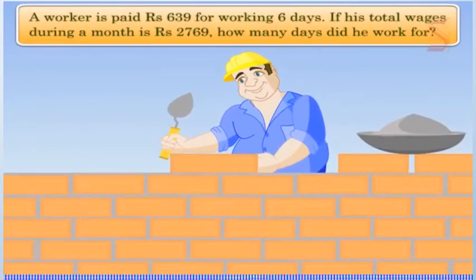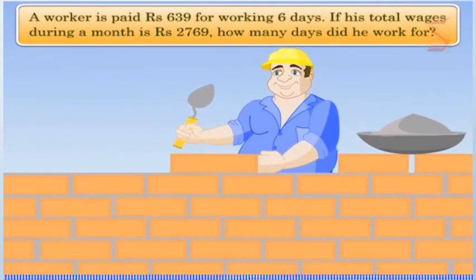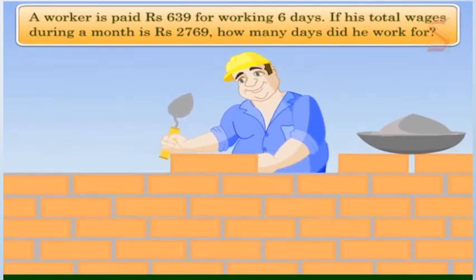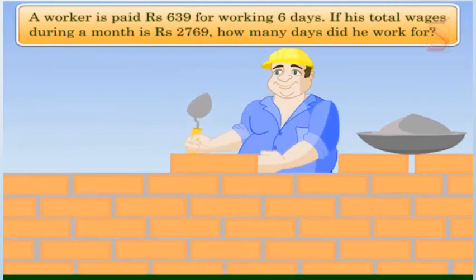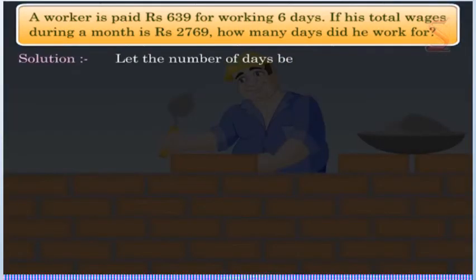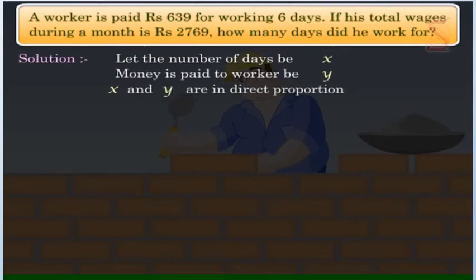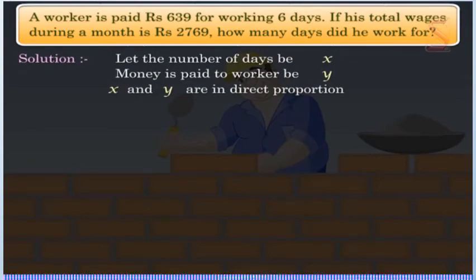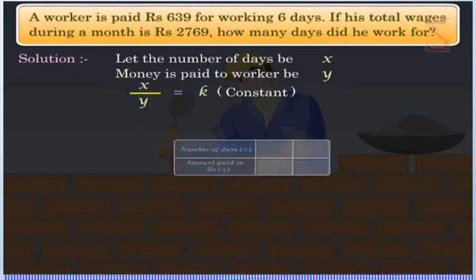A worker is paid rupees 639 for working 6 days. If his total wages during a month is rupees 2769, how many days did he work for? Let the number of days be x. Money the worker is paid be y. Then x and y are in direct proportion. So x by y equals a constant. Frame a table.